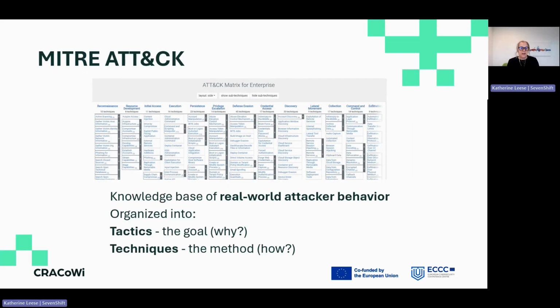So then here's a look at the MITRE ATT&CK system. It's fairly complicated, and it's got a lot of technical language in it. It's a list of real-world attacks, broken into sections by their goals, like reconnaissance, initial access and credentials, and then broken into the actual methods of how an attacker would exploit that.